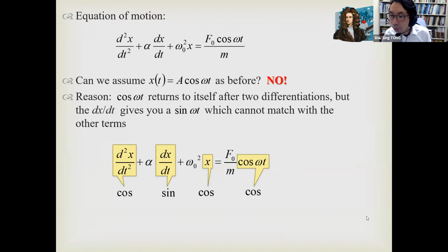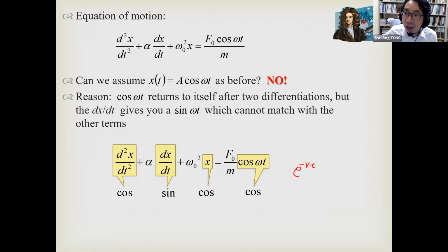Now, somebody asked me a very intelligent question. Why don't we assume something like the previous damped motion? We don't have this factor, right? In the damped harmonic oscillator, we have this damping factor, which means that the amplitude will die down.